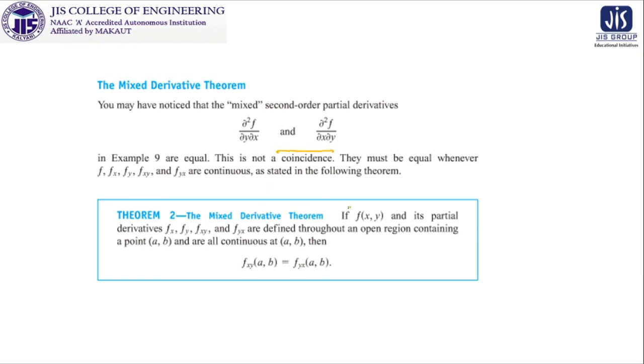We have this information that if f, and its partial derivatives fx, fy, fxy, fyx are defined throughout an open region containing a point (a, b) and all are continuous, then the order is not important, whether you differentiate partially with respect to x first then y, or with respect to y first then x. You will get the same result.